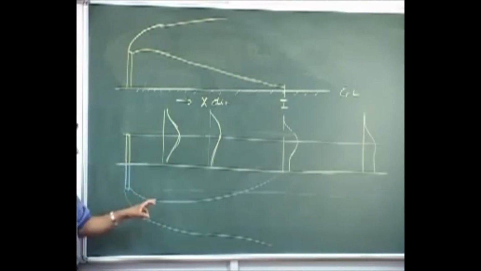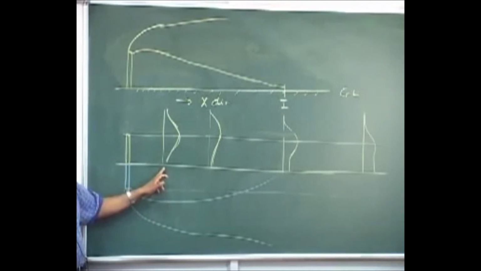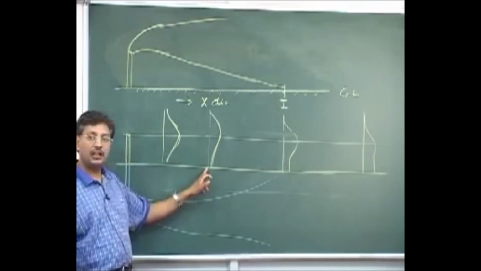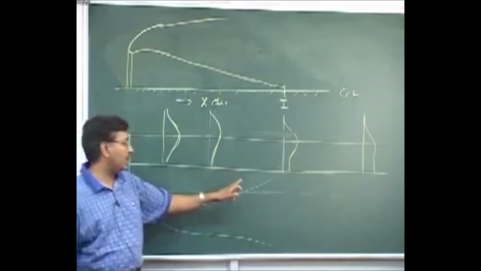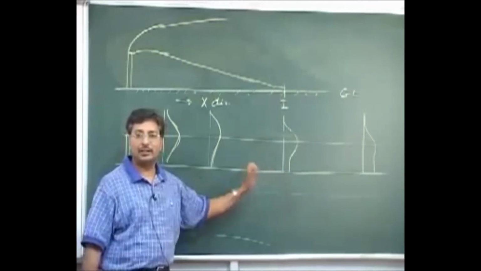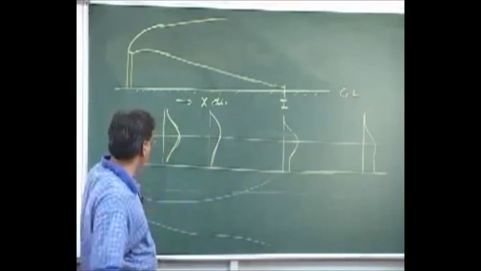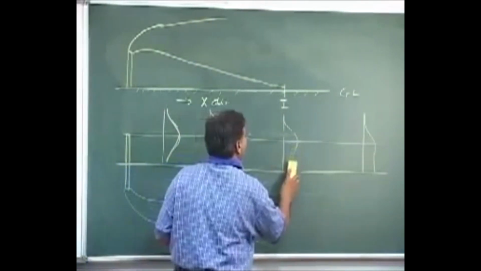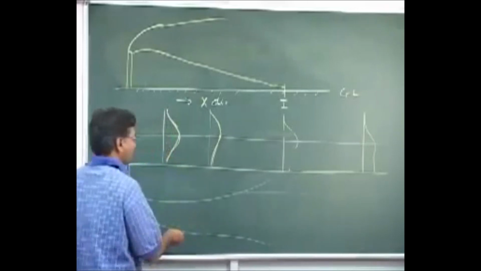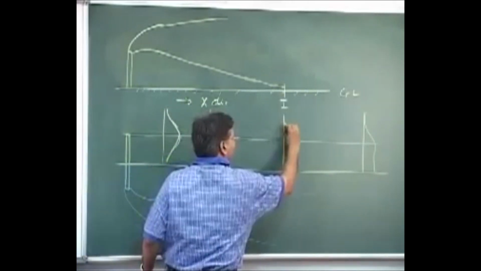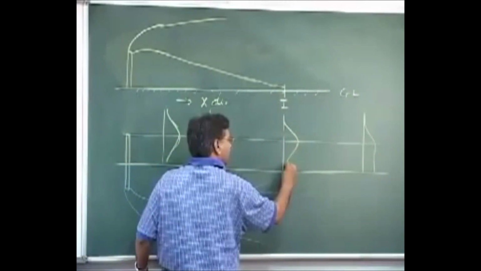So here you see this particular source is not contributing anything at the ground level, but you will see here that it is contributing something. If I draw the real profile considering only this one source, my profile looked like this.